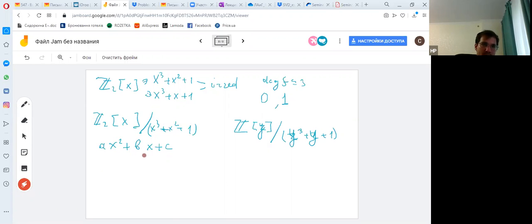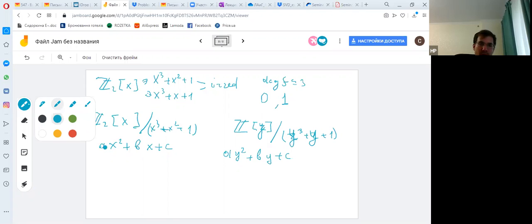So all the elements in this field have this form, or ay squared plus by plus c. So there are 8 elements, because there are 2 possibilities for a, 2 for b, and 2 for c, and so on on the right.